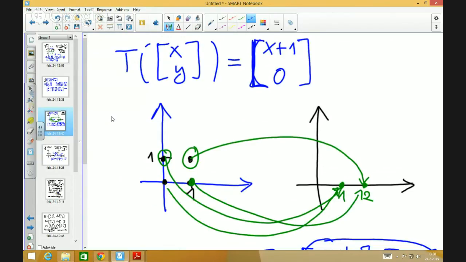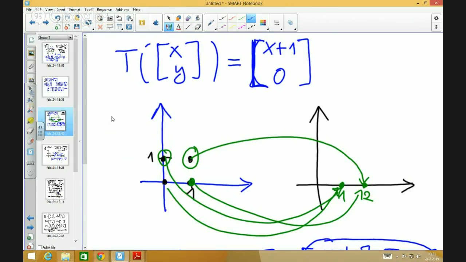In order to argue whether this function is linear, we would want to argue that it satisfies both of the properties that we had before. If I apply t to a sum of two vectors, the result is the sum of t applied to the two vectors. If I apply t to the multiple of a vector, the result is to apply t to the vector and then multiply it. Is this true?